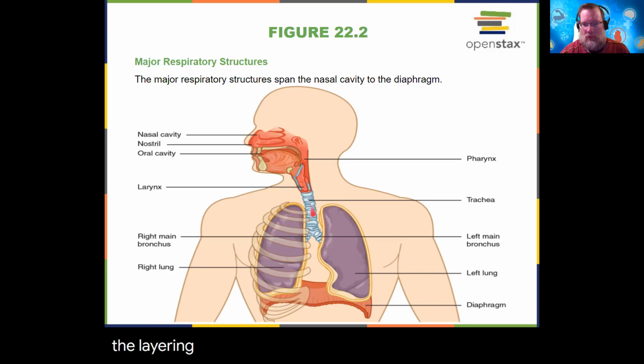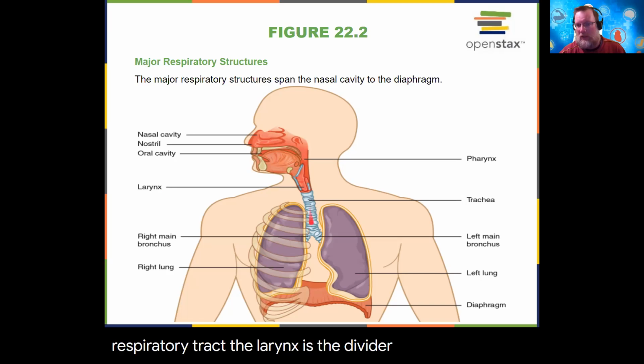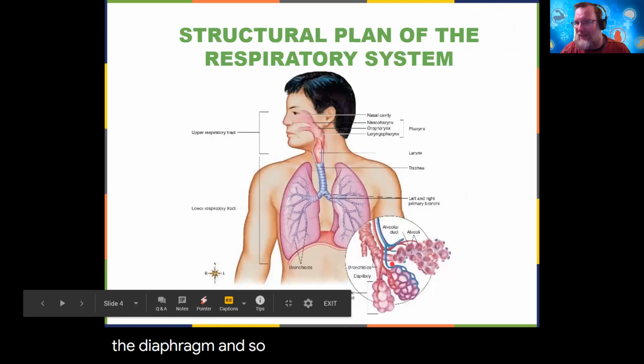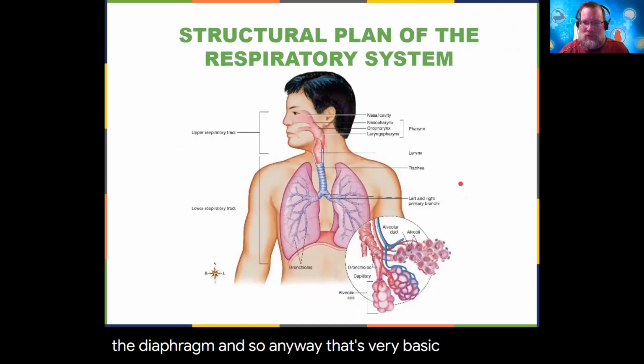And then that pretty much ends the upper respiratory tract. The larynx is the divider. And then we enter down into the lower respiratory tract, where we see the trachea, a couple of large branches called the bronchi. Okay, and then we've got the lungs and the diaphragm. And so anyway, that's a very basic look at the respiratory system.